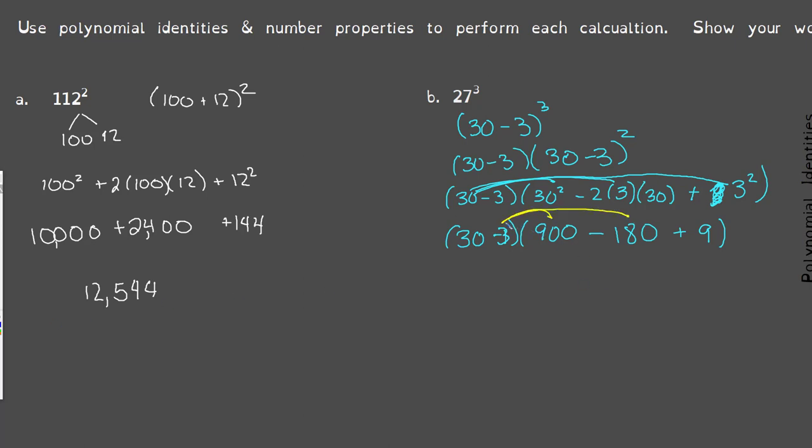So I can distribute 3 to all 3 parts. So 3 times 900 is 2,700. 3 times 180 is 540, plus 9.